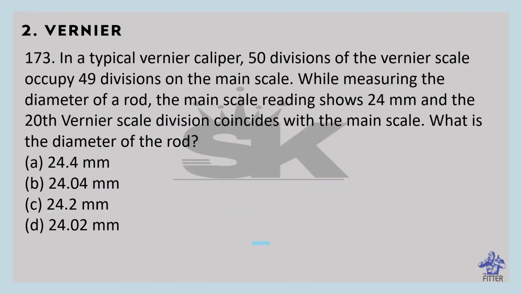In a typical vernier caliper, 50 divisions of the vernier scale occupy 49 divisions on the main scale. While measuring the diameter of a rod, the main scale reading shows 24 mm, and the 20th vernier scale division coincides with the main scale. What is the diameter of the rod? Here main scale division equals 1 mm. So 50 vernier scale divisions equals 49 main scale divisions.